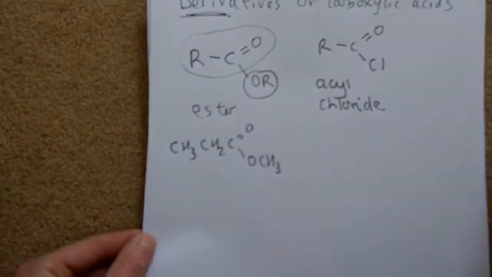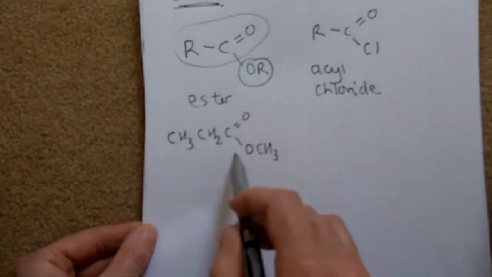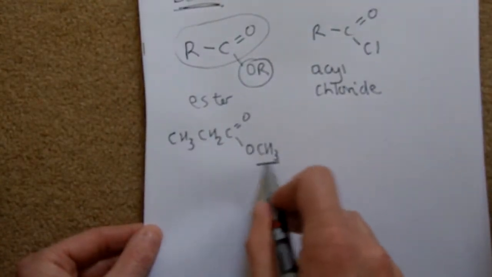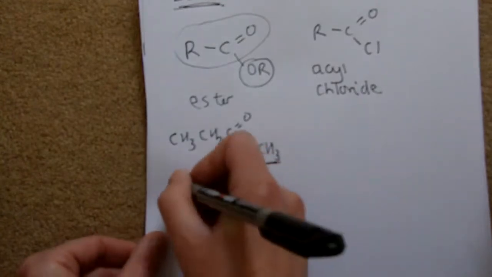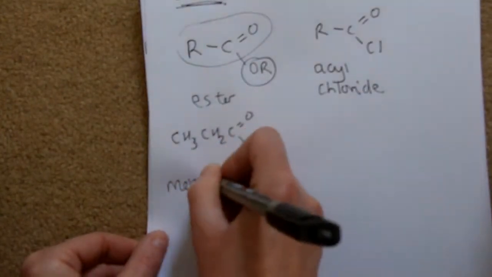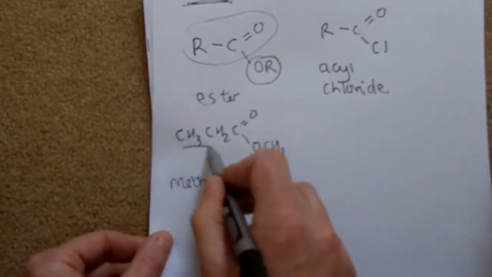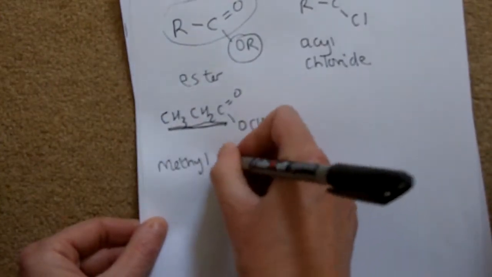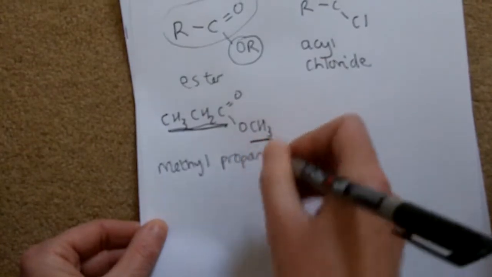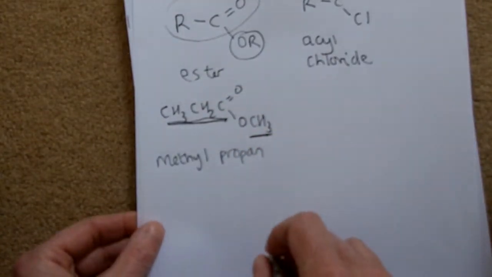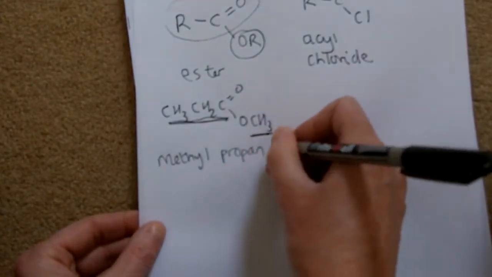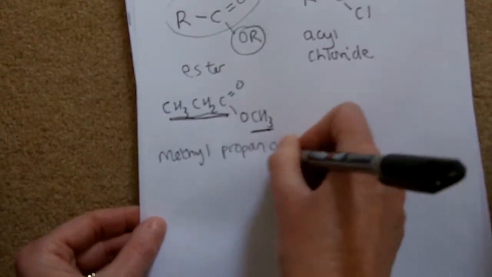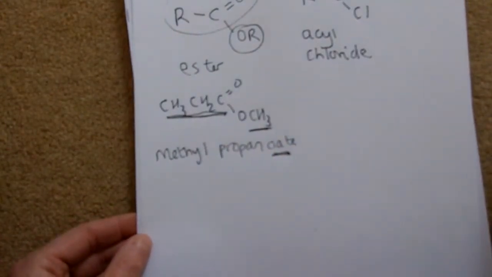When you're naming this ester, you name this part first. So that's methyl, 1 carbon, methyl, and then you name this part here. There are 3 carbons, so it's propane, but you take the E off, propanoate.